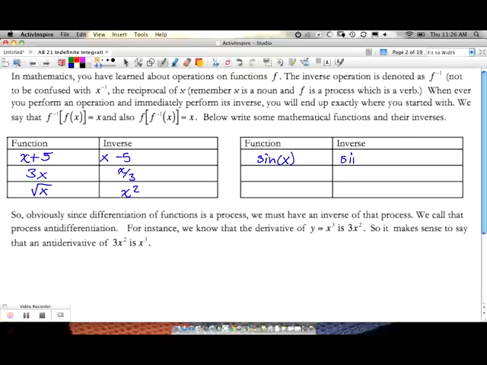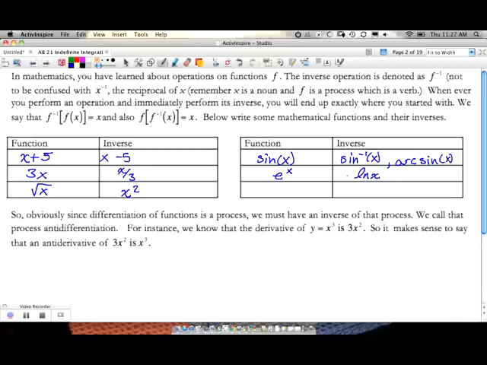They want to say cosine, but it's not. It's actually sine inverse, or sometimes called arc sine of x. Okay, now you could go on and on and on. We have e to the x, and the opposite of that is the natural log of x, the inverse operation there. There's a lot of different versions of this.